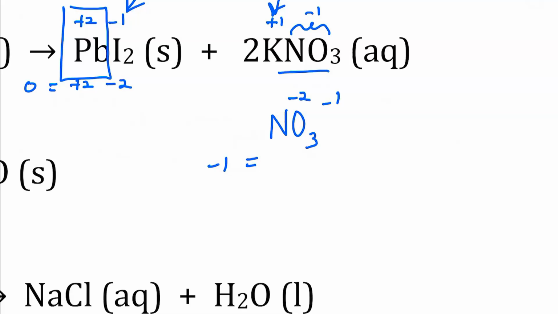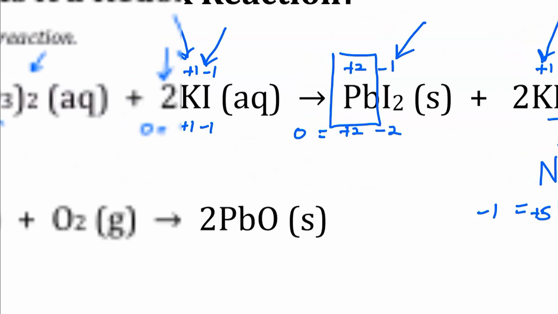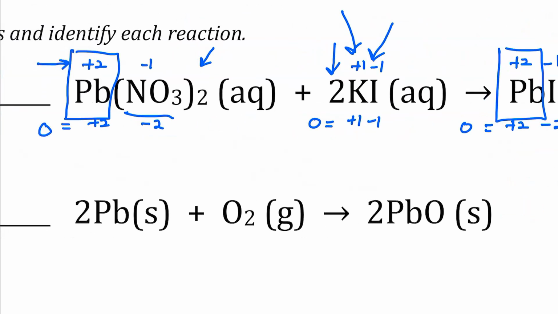Or if you're in a Regents reference table, you can look at the upper right-hand corner. It becomes -2. Now, because there's 3 of them, 3 times -2 is -6. So what number plus a -6 gives me -1? Plus 5. So we know that nitrogen in a nitrate, my friends, is plus 5.